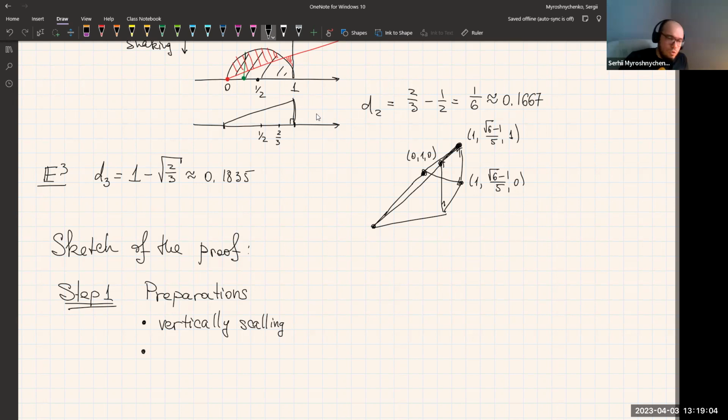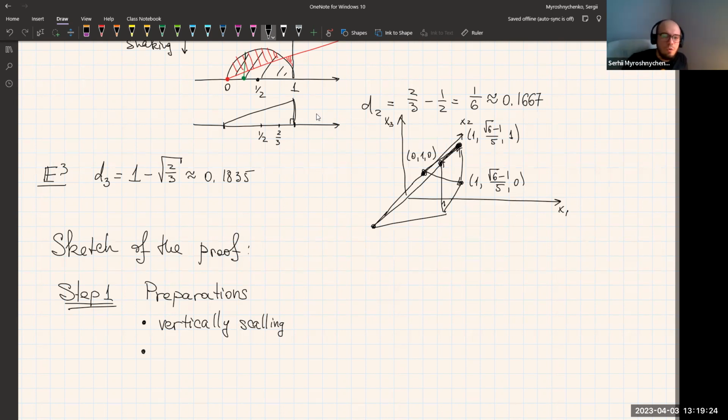What else are we allowed to do? We're actually allowed to do quite a lot. Let me introduce the coordinate system to make it nicer. So this is our x1, this is our x2, and this is our x3.